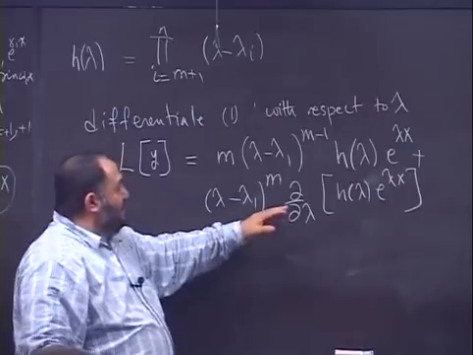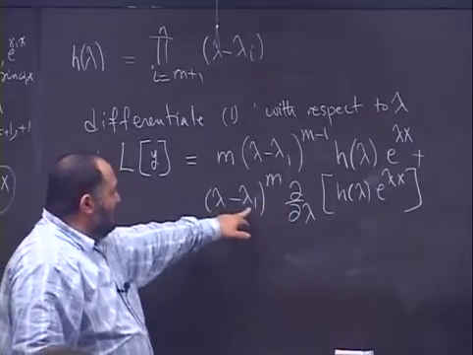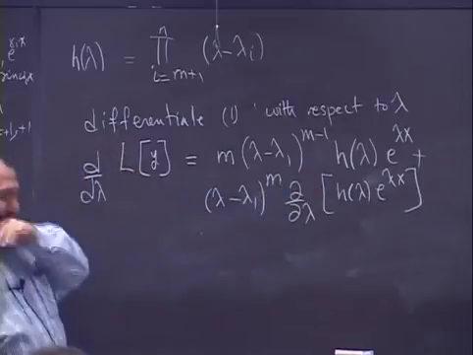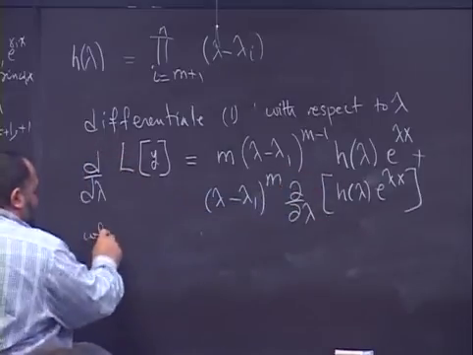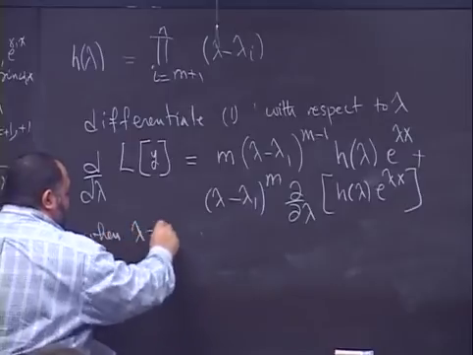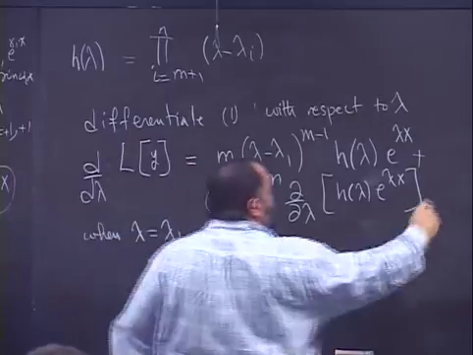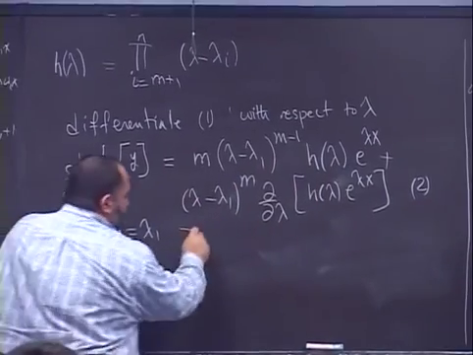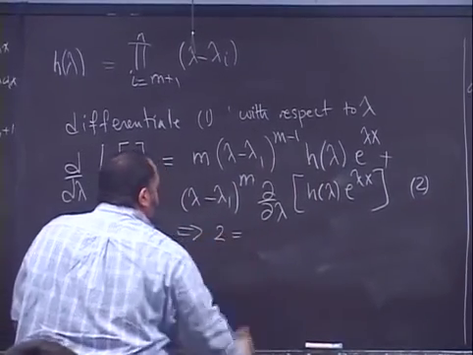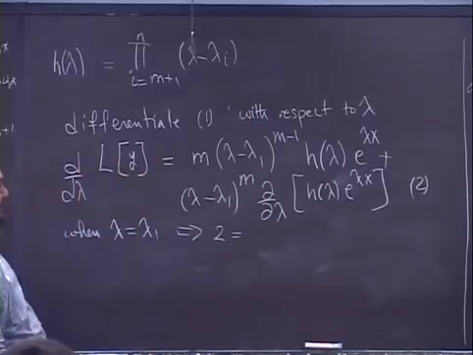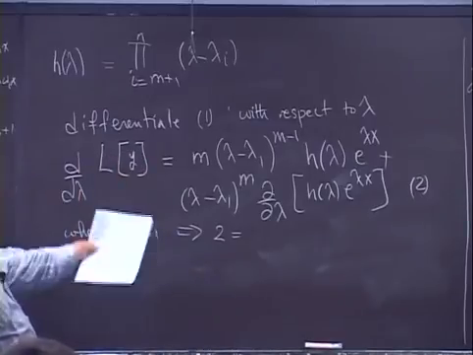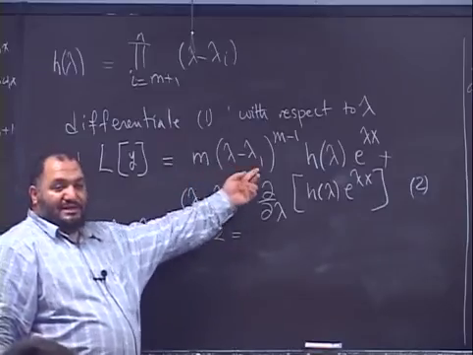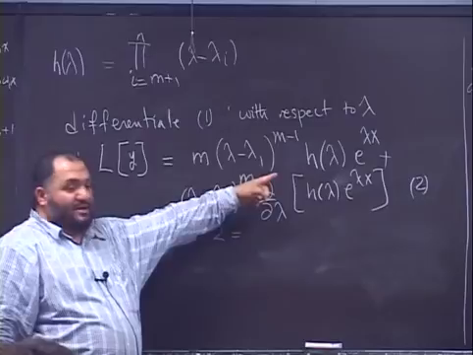What do you think when lambda equals lambda 1? What do you think the expression will be? Guys, 0. Why? Lambda 1 minus lambda 1 is 0, multiplied by anything is 0.